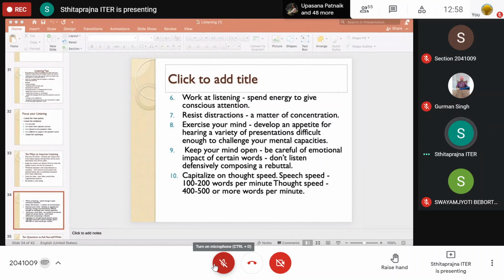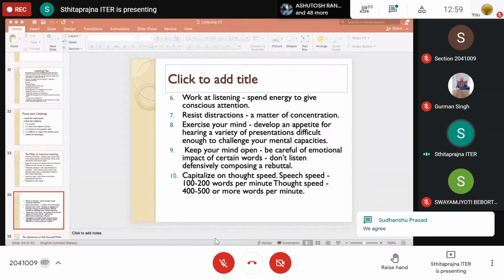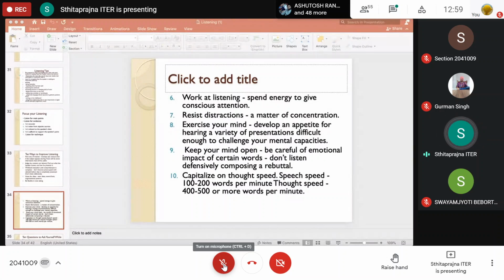I doubt. Or you agree to everything that the speaker says? Three possibilities. So which one would you tick mark? Because you don't have any doubt. Oh, you agree to everything.